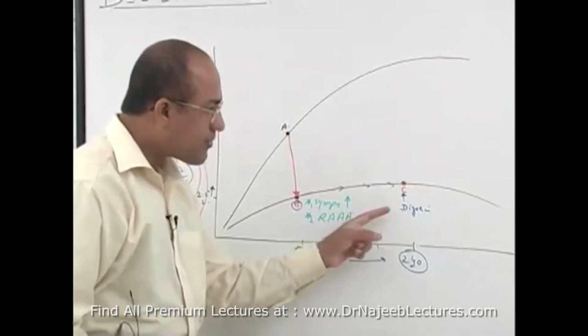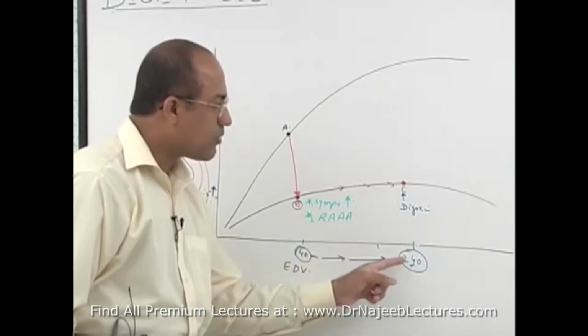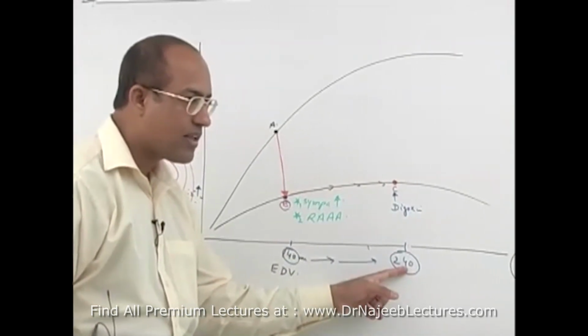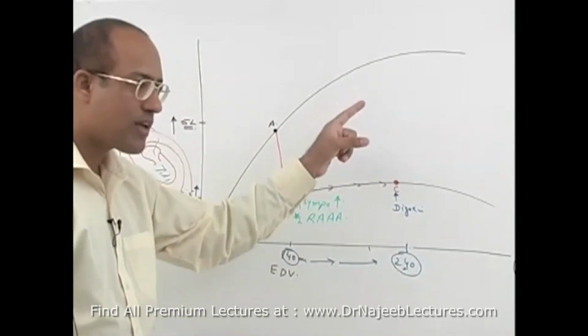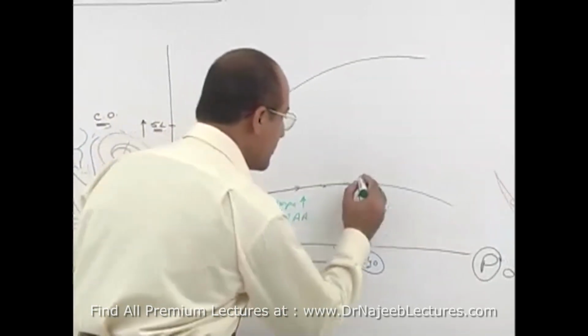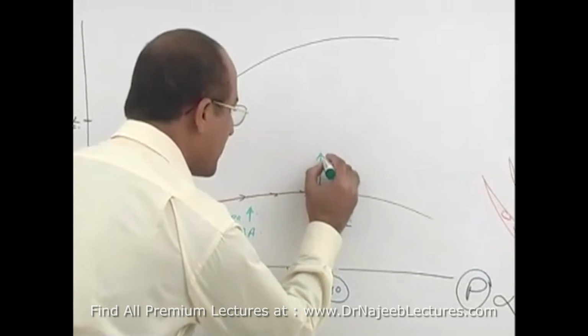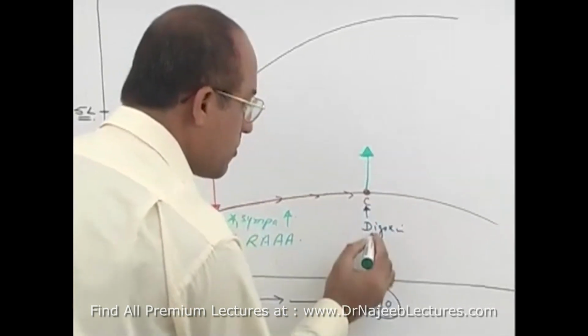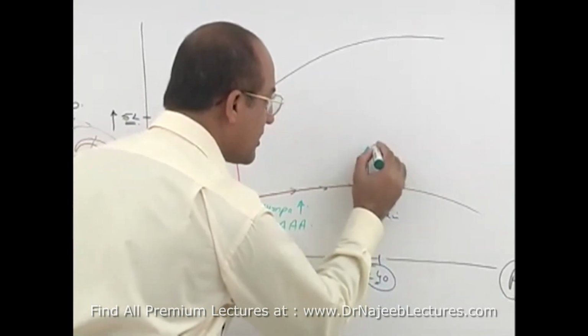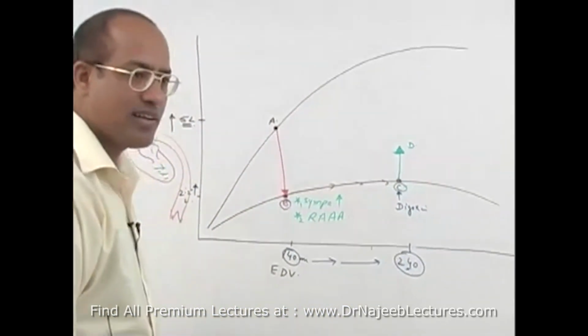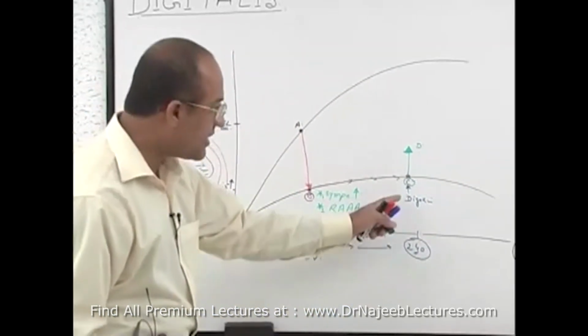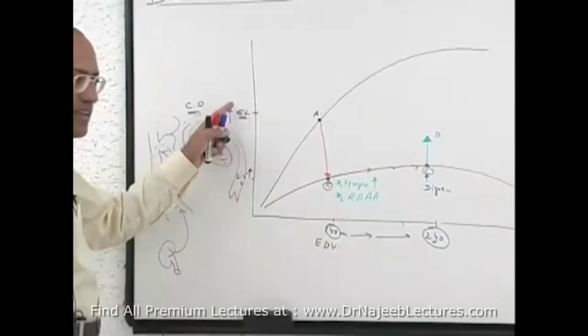So it means after the digitalization, for a given end diastolic volume, cardiac output should go up. Now look at it. This is what is happening. So the patient will shift from point C to point D. Right? For every given end diastolic volume, cardiac output will increase.